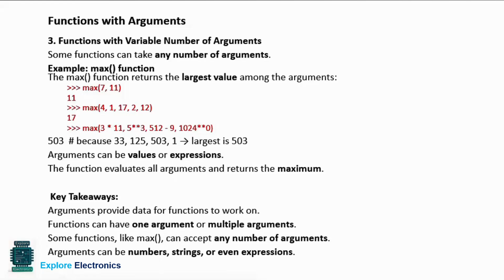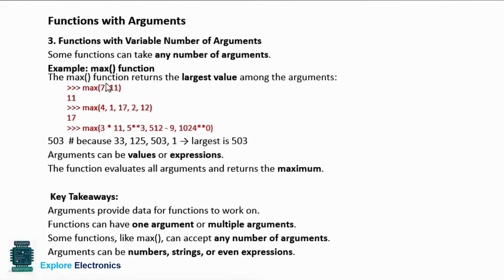Let us see some key points. Arguments provide data for the function to work. It will do some work according to the arguments. Functions can have one argument or multiple arguments.